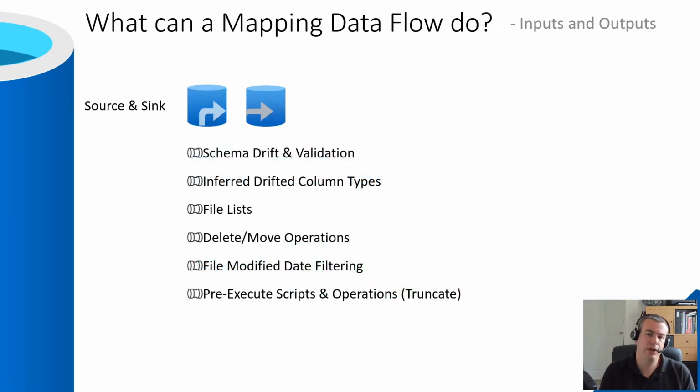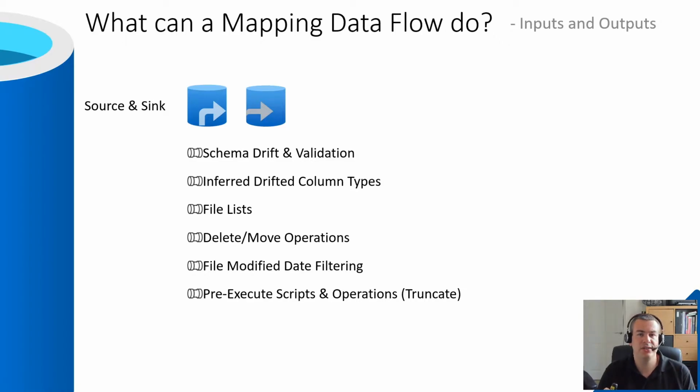If we go one further though and actually look at what that source and sink can do, we do get quite a nice set of options. We can handle schema drift and validation, because we are now looking at the row level data. We can infer those column types if things change over time, which gives us a bit of flexibility. That's quite nice.